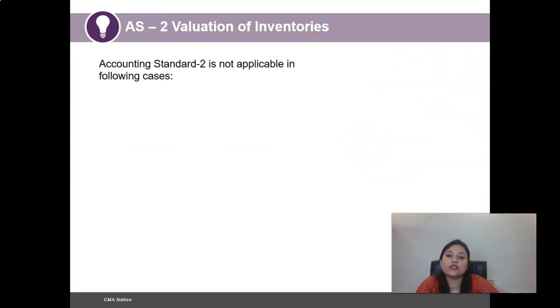And further, this particular standard, however, is not applicable. So this also you have to pay attention. In the objective section of the paper, questions can be asked on accounting standard 2, and of course questions from particularly this segment can be asked as to where accounting standard 2 is not applicable.